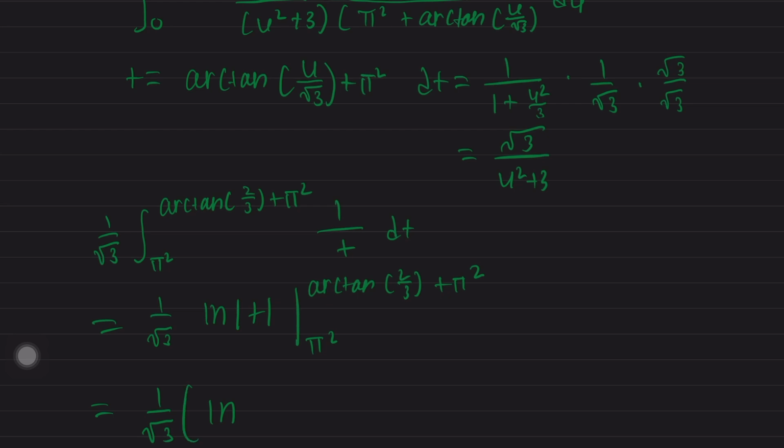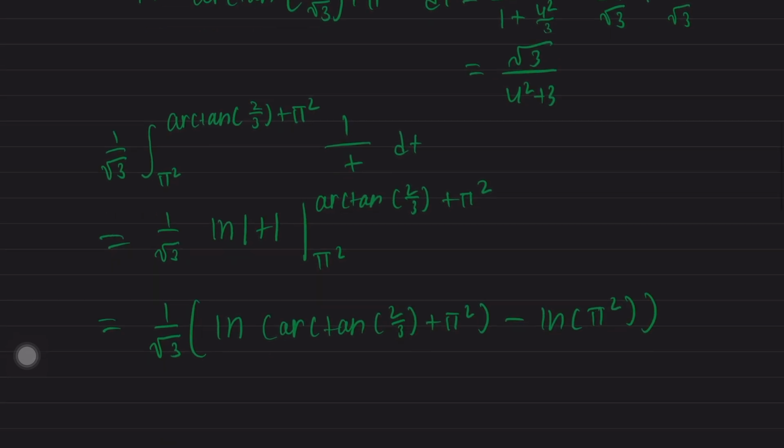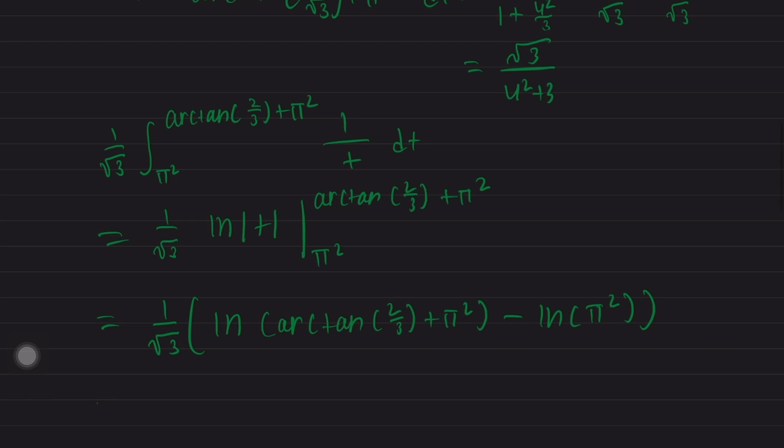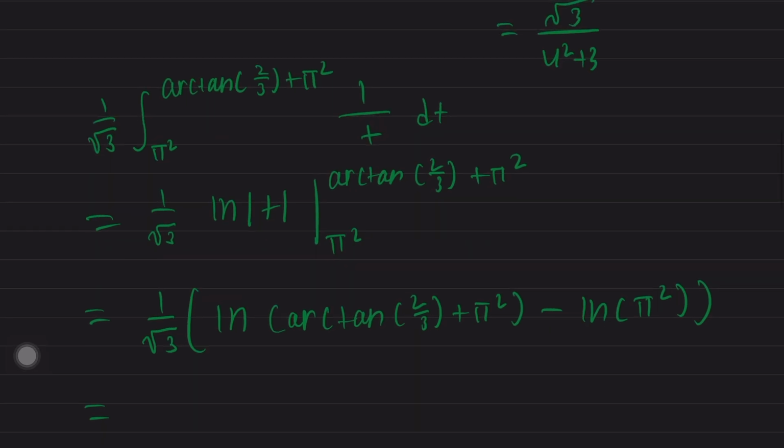So natural log of arctan of 2 over 3 plus pi squared minus ln of pi squared. Here is our answer. Very nice. So this is going to be approximately positive 0.033.